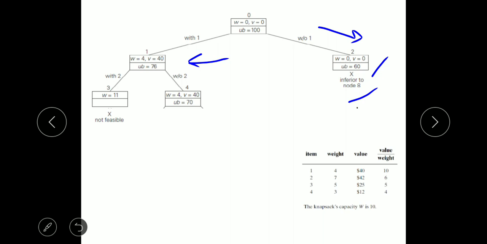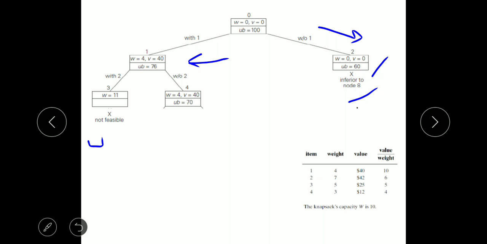If you are trying to include item 2 into the knapsack, the weight of the second item is 7 and the value of the second item is 42. You apply the same formula here.